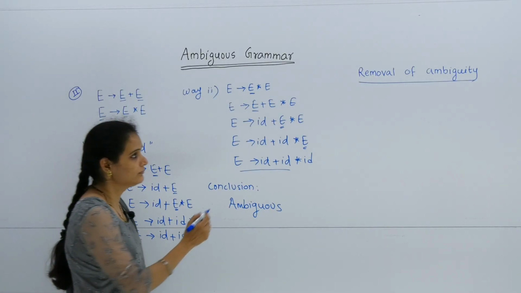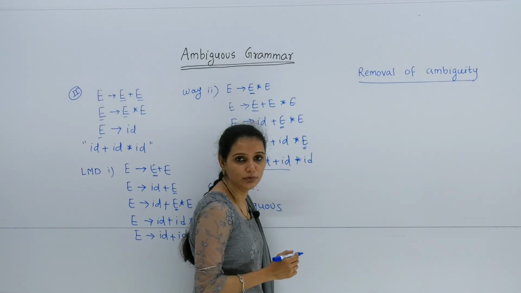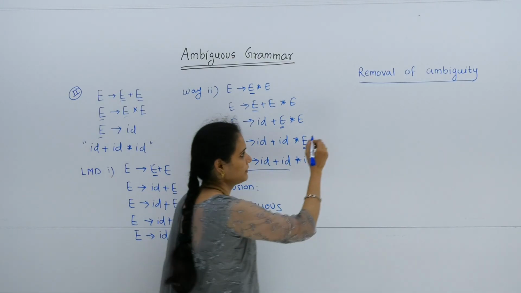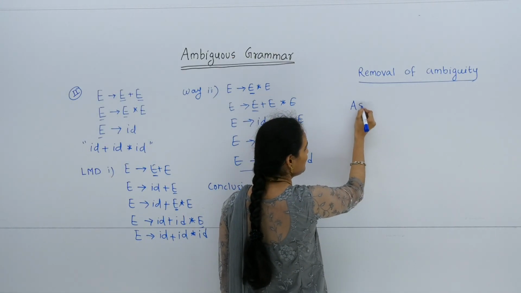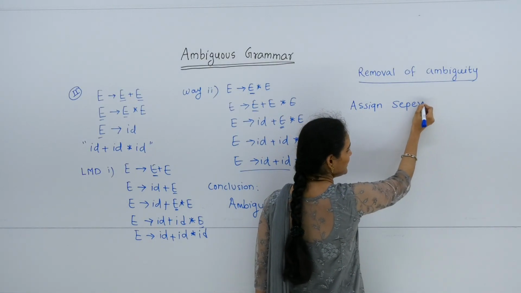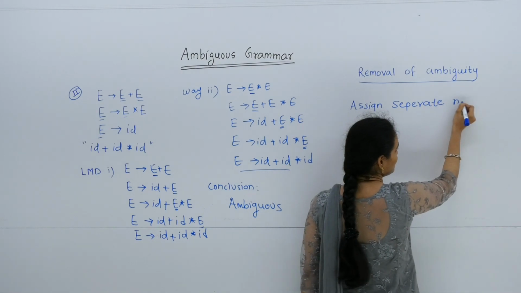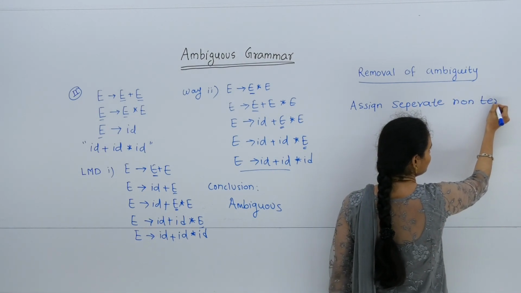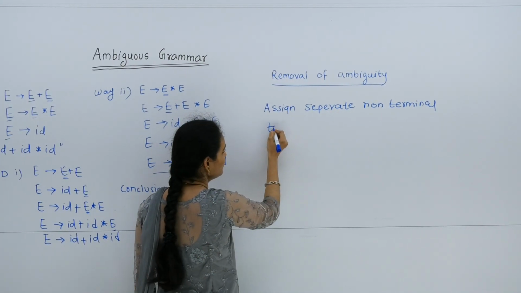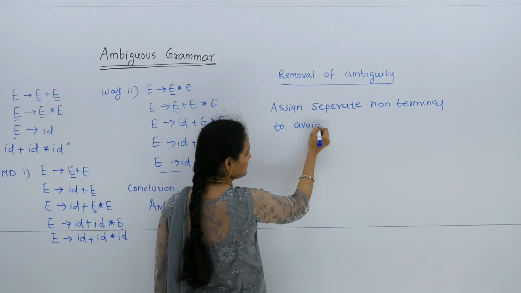One of the ways to remove the ambiguity of the grammar is to assign a separate non-terminal to avoid the repetition.